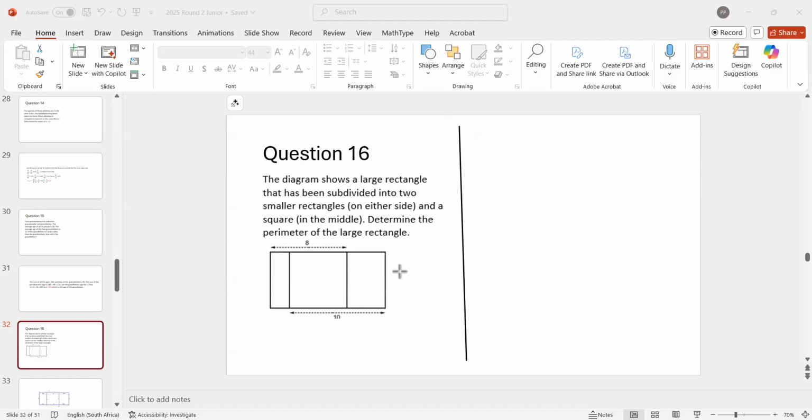So the middle one is a square. And you got a rectangle here, you got a rectangle here. And they give you some distances. They say this is 8 and this is 10. It's not very clear. So this is 10 here. Those are the only two distances given. And they ask you to find the perimeter of the larger rectangle.